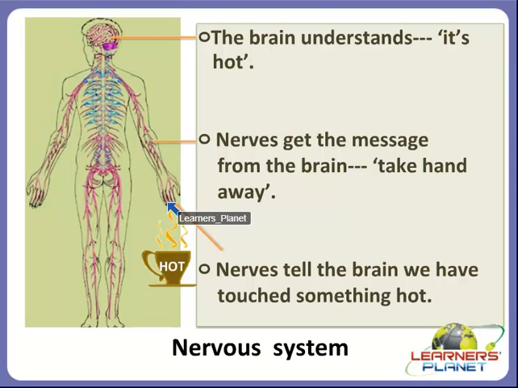So the nerves in our skin tell the brain that we have touched something hot.